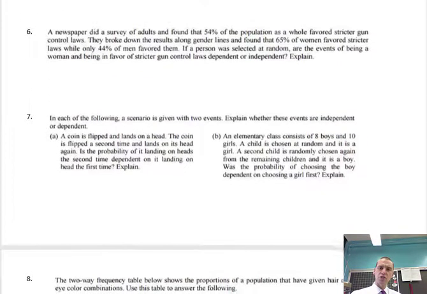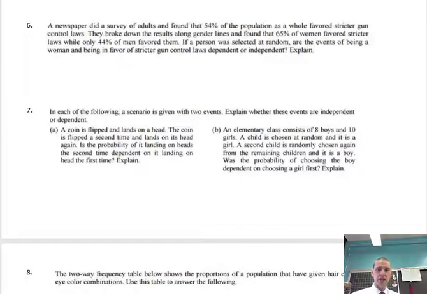Number 6 is a little more difficult, so I do want to look at this one. The newspaper did a survey and found 54% of the population favored stricter gun controls. So I'll say SG stands for stricter gun control, just so you know what that is. So probability of SG equals 0.54.